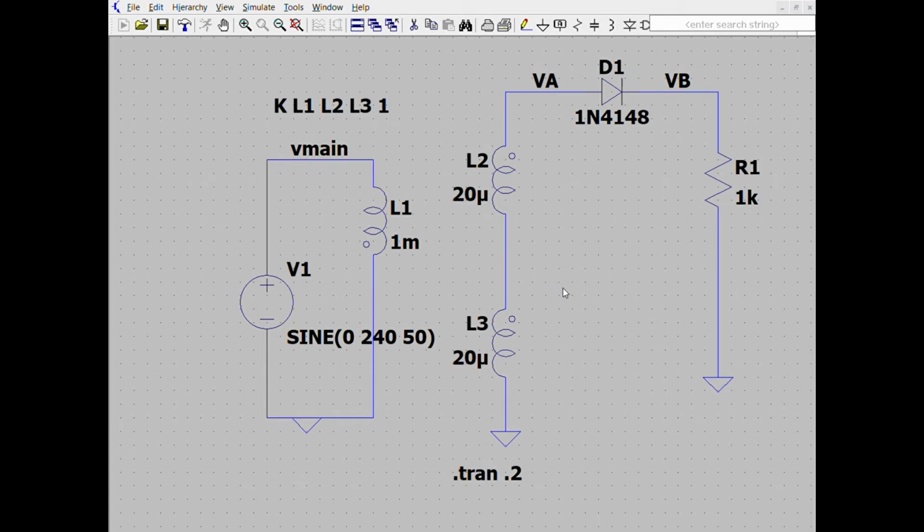So there is an error showing on the screen, therefore we have to put a resistor here at the input.